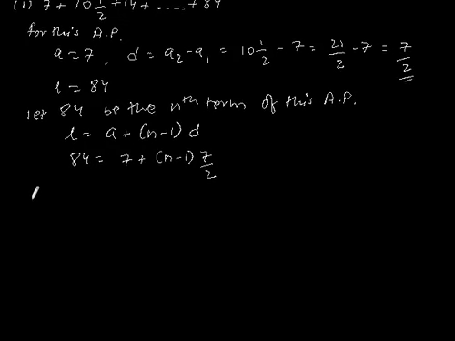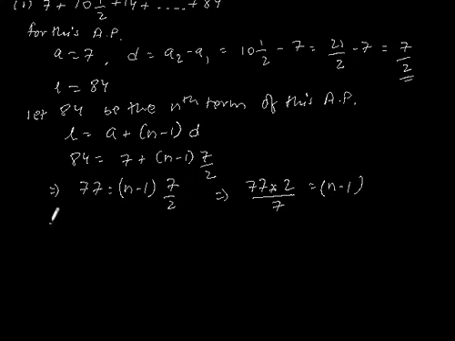This gives 84 minus 7, which is 77, is equal to n minus 1 into 7 by 2. This implies 77 into 2 by 7 is equal to n minus 1. This implies n minus 1 is equal to 22, which gives n is equal to 23.